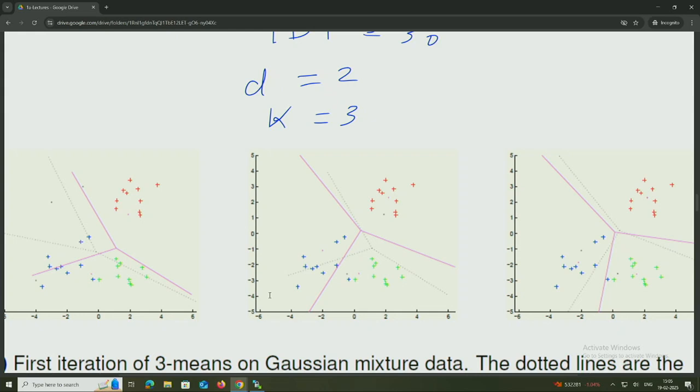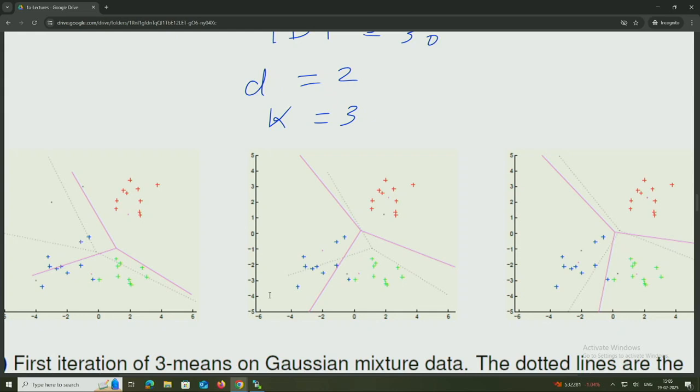So what happens is you randomly initialize 3 centers. I don't know whether you're able to notice this. There's a dot here, there's a dot here, and there's a dot here. So this is the first place you initialize, and then you say which points are closer to me, figure it out. So this will be checked with all the points. That's the first step of the algorithm, correct?